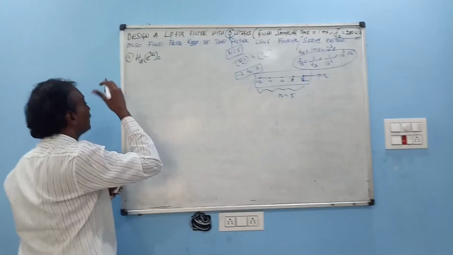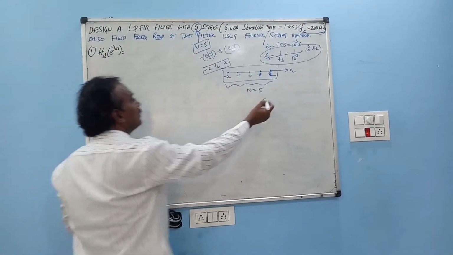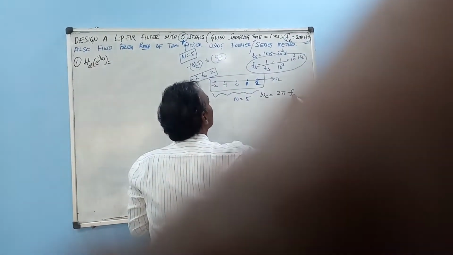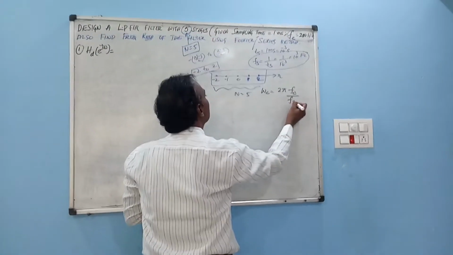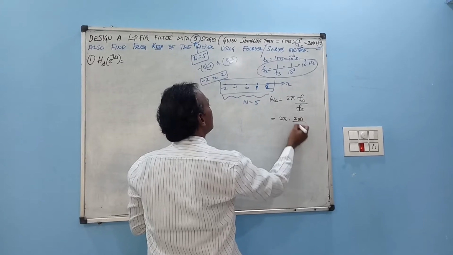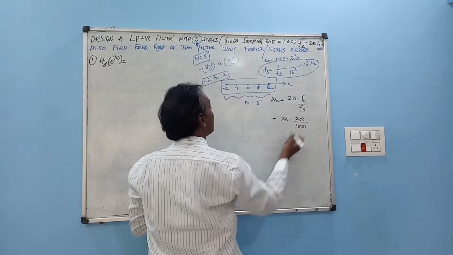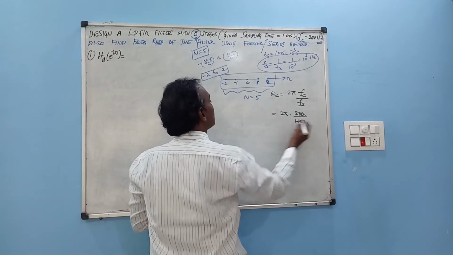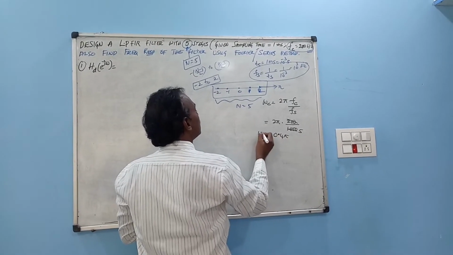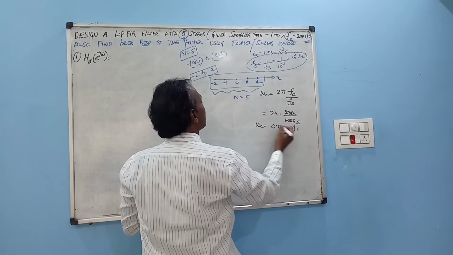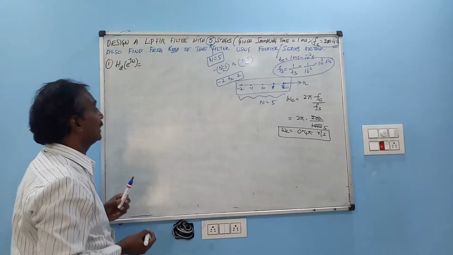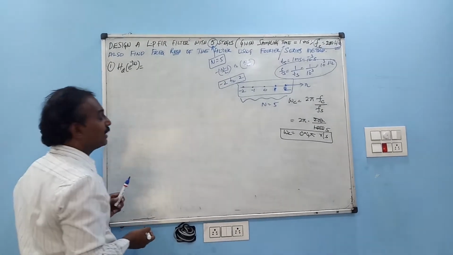Here omega c we know is 2 pi times cutoff frequency divided by sampling frequency, that is 2 pi times 200 hertz cutoff frequency divided by the sampling frequency we got, 1000. So this is 2 by 5, that is 0.4 pi radians per second. Now omega c is the cutoff frequency.